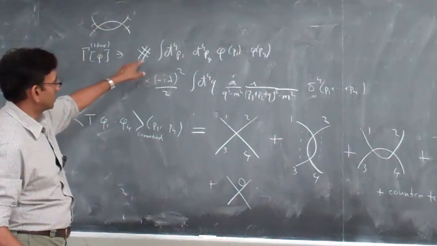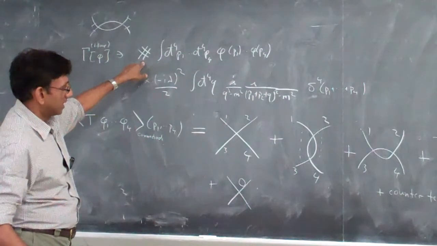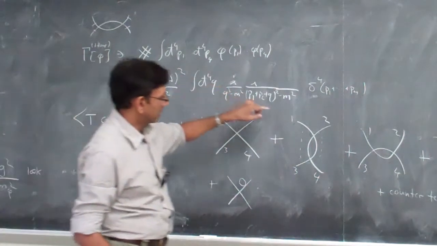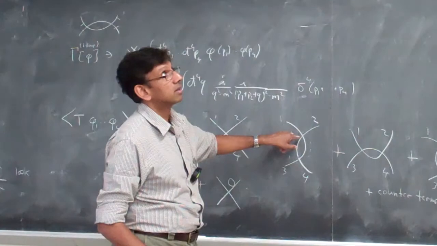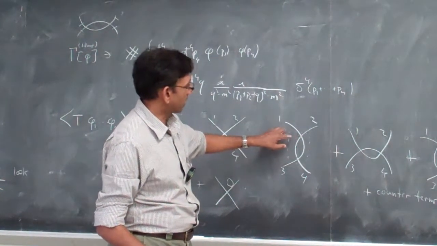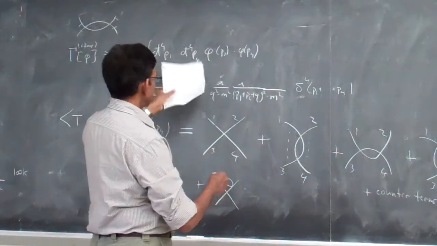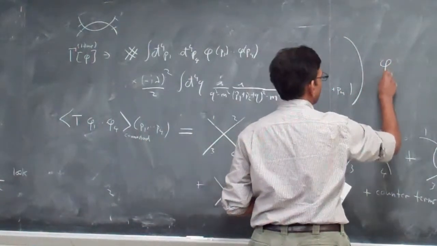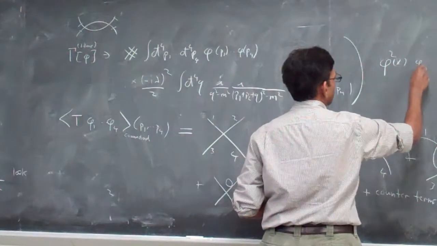If I have the 1/8 there, then, so again, this thing has a kind of a phi squared x structure and a phi squared y structure.